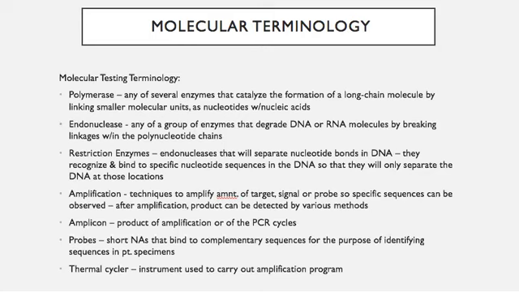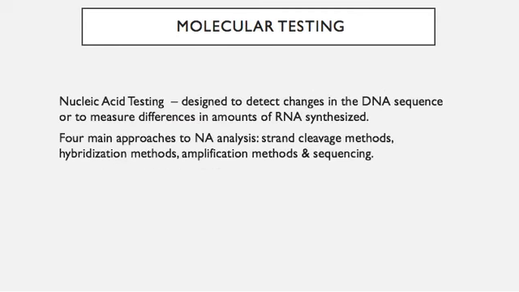The probes are short nucleic acids that bind to complementary sequences for the purpose of identifying sequences in patient specimens. And then the thermal cycler is an instrument used to carry out the amplification program. Okay, I know that was a lot of terminology, so just look back over that and familiarize yourself with some of those terms.